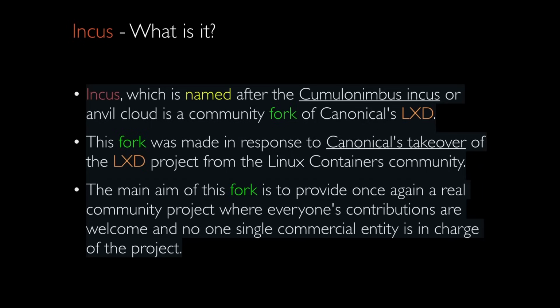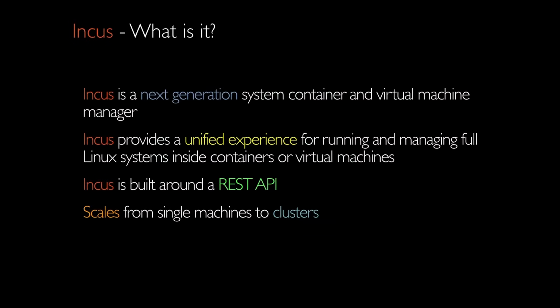But the main aim of this fork is to provide a real community project where people are welcome to join. There's no one single commercial entity that's in charge of the project. Incus is a next generation system container, and it also contains a virtual machine manager. They realized that, hey, these things are so close together, let's put them together so that we can generate virtual machines that run under KVM, or we can use system containers that run under the host.